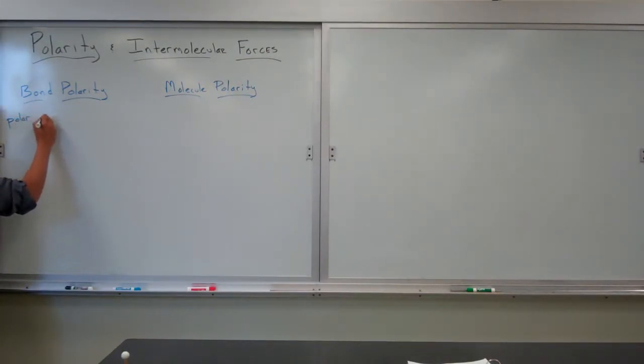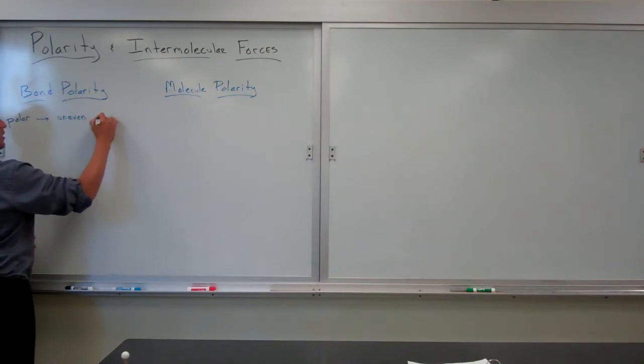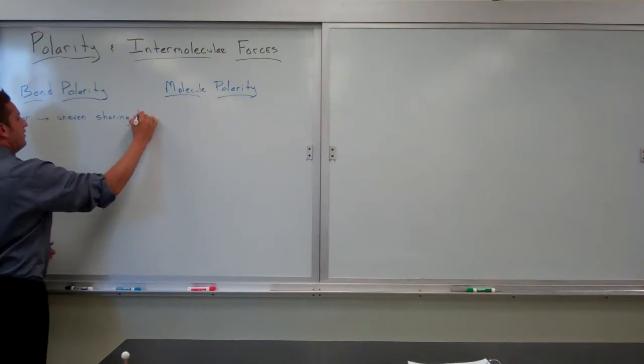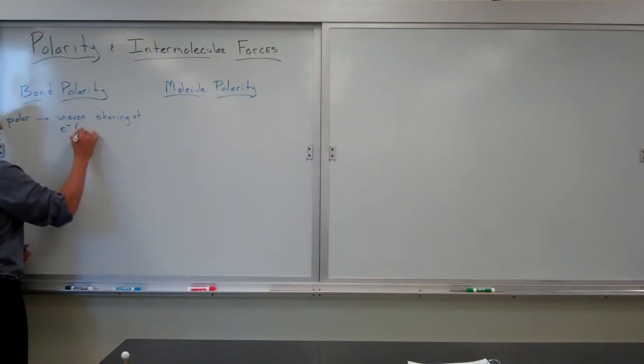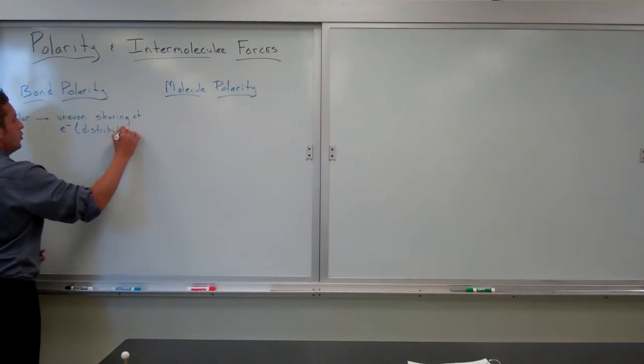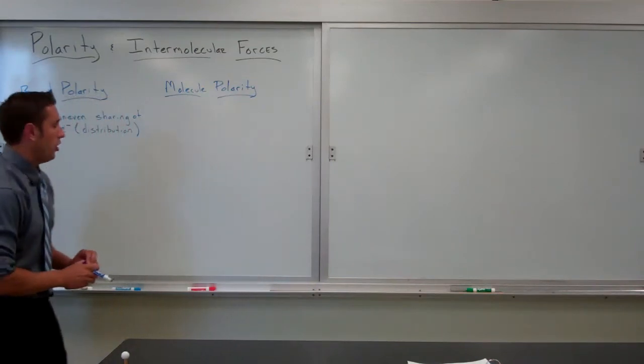So a polar substance has an uneven sharing of electrons. Sometimes you will see this described as an uneven distribution of charge.